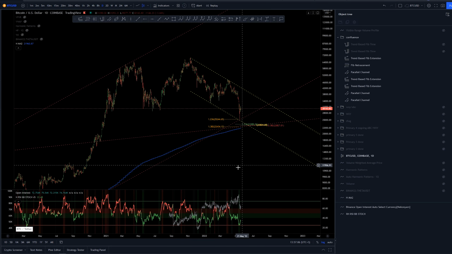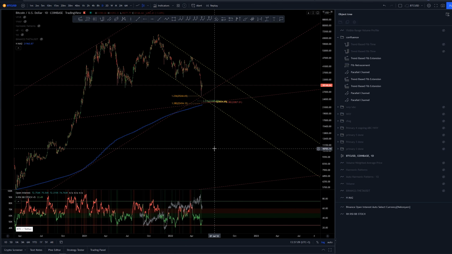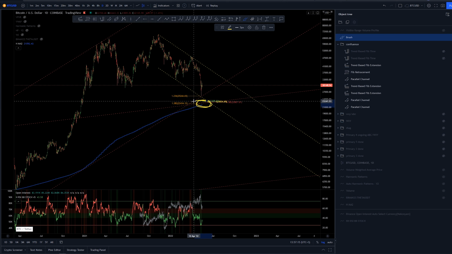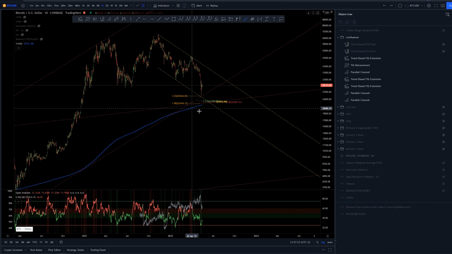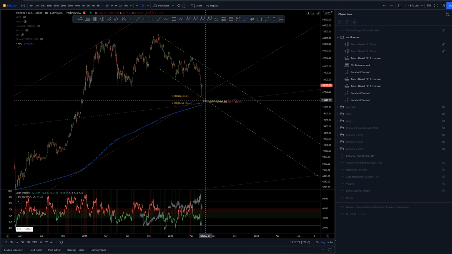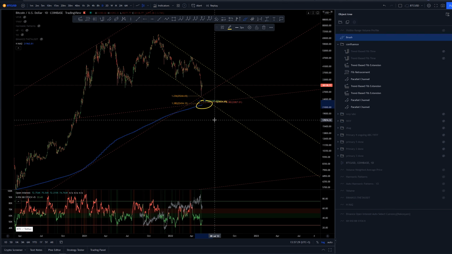And that's pretty much what I can see. A lot of confluence around these areas. So even if this wouldn't be the local or all-time bottom here, this is going to be at least a local bottom. Maybe it's not the complete bottom of this move here, but it is most likely going to be a massive support area.